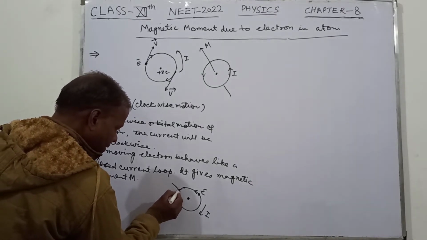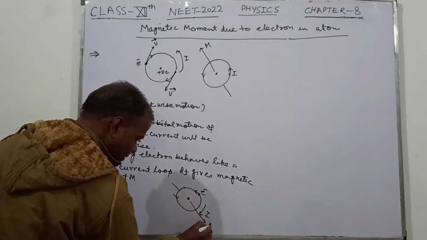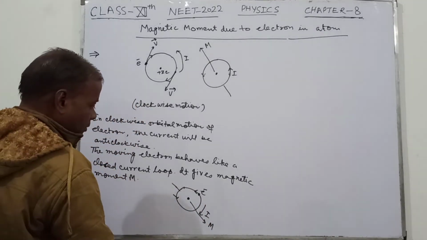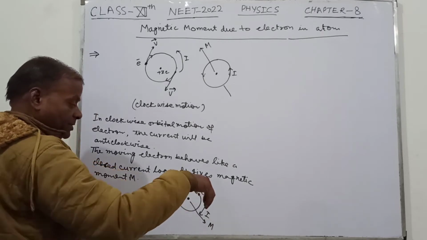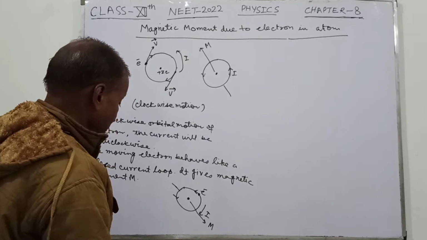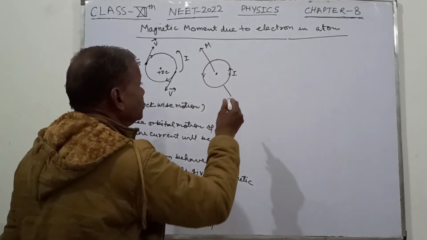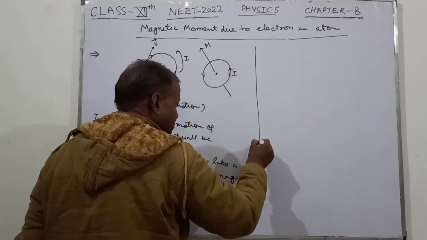This is the magnetic moment, just inside the area of this orbit.